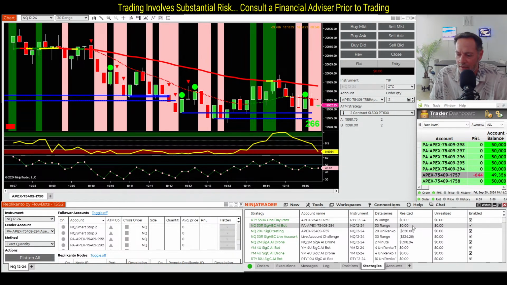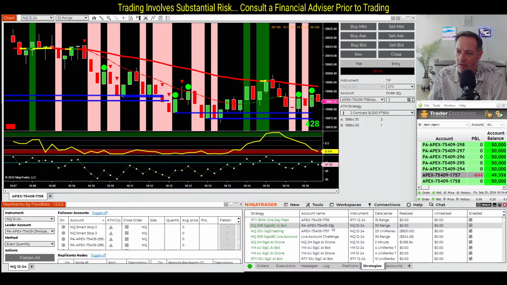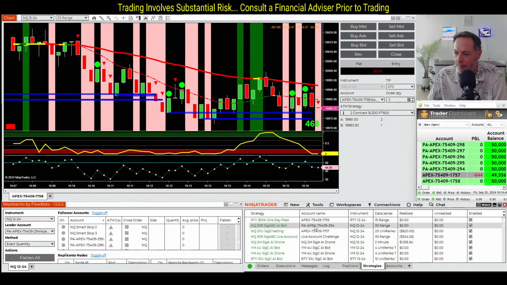I did put a price velocity filter on it though, so it's looking at a 10-second chart, and it's got to verify that the 10-second chart has a long enough candle to go to work in. So it's not enabling this strategy all the time. It's only enabling it when the price is changing fast enough.